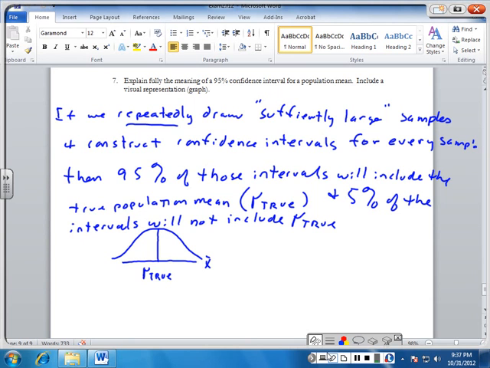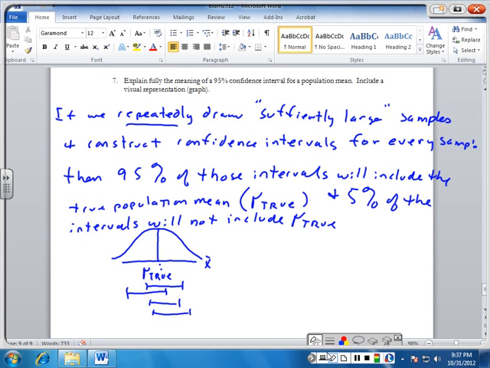So we take a sample from the population and construct a confidence interval, and it goes from here to here. That's just one interval, but it says repeatedly. So we take another sample, and we make an interval, and another one, and we make an interval.